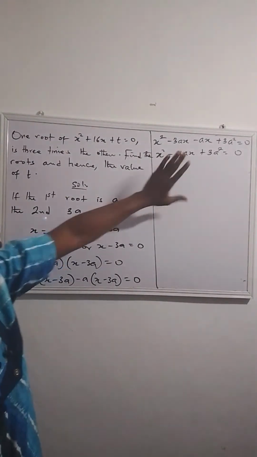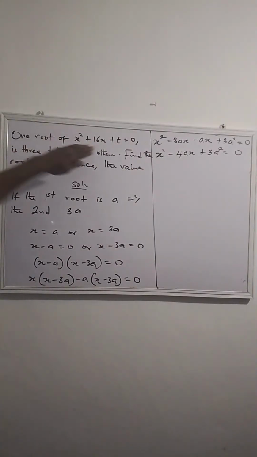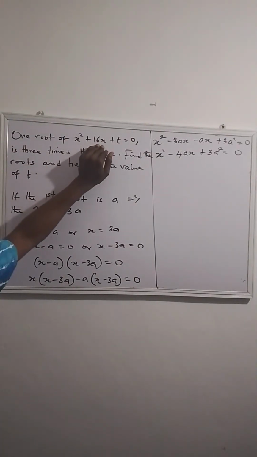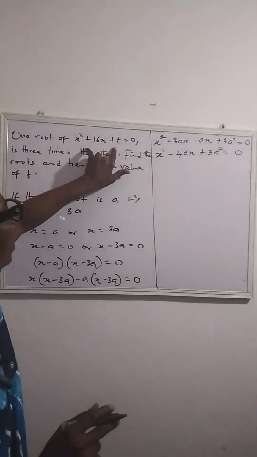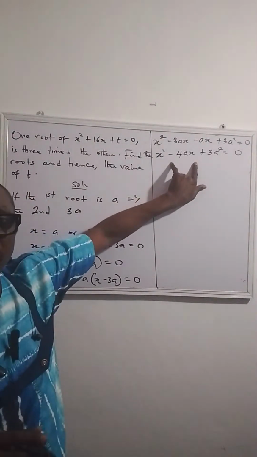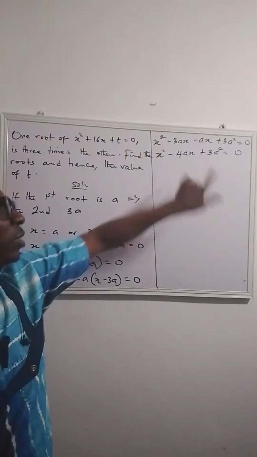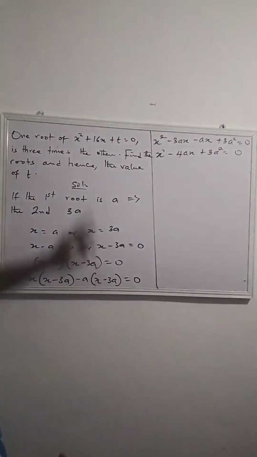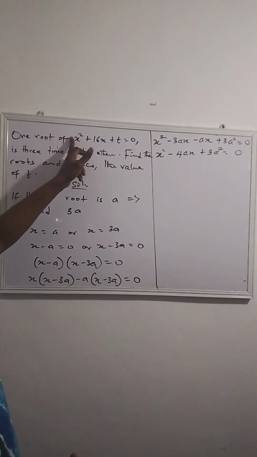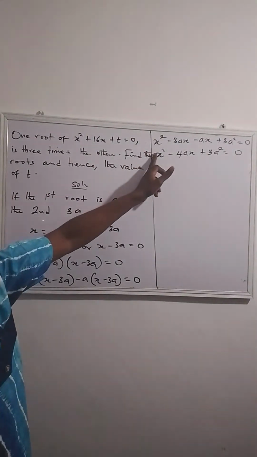All right, and we are also given that this quadratic is such that one root is 3 times the other. The implication of that is this quadratic and this one are the same. Okay, so we can make a comparison. You can see the coefficient of x squared here is 1 and here is also 1.